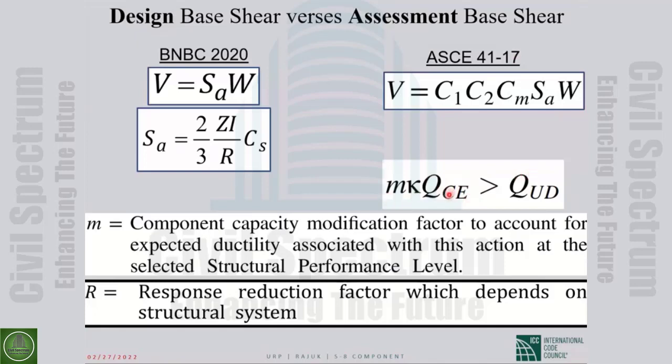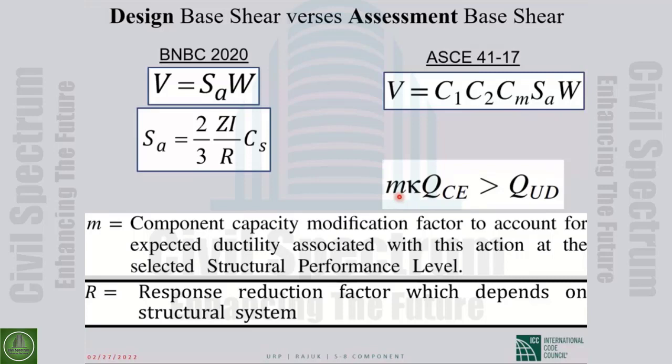But for the deformation control parameters, they are okay if they are less, when they are multiplied by M, which shows the level of ductility that a specific element, for example in bending, has.